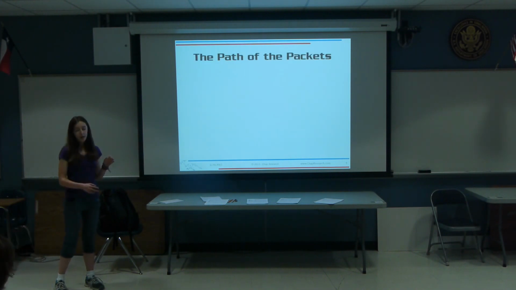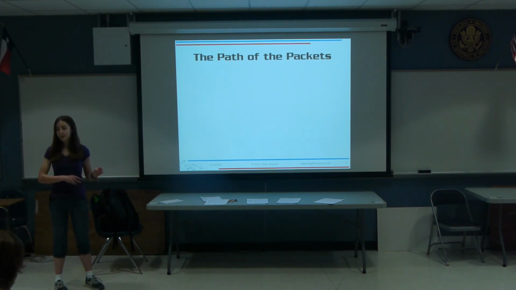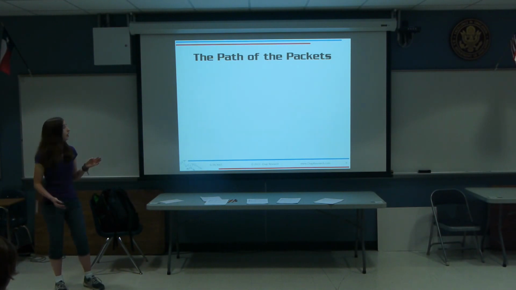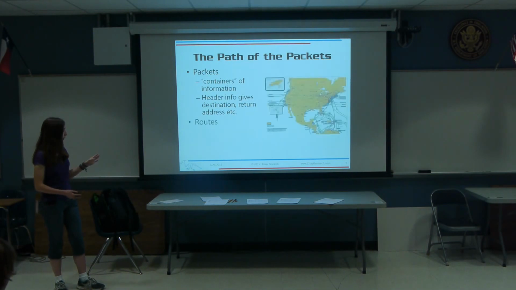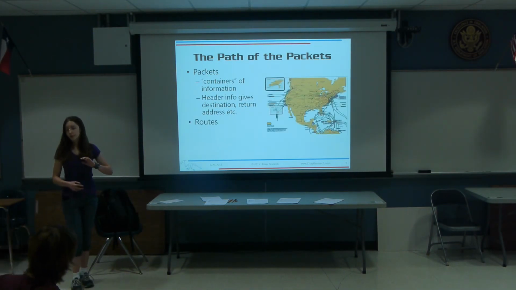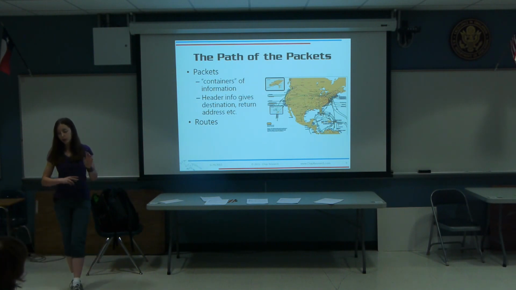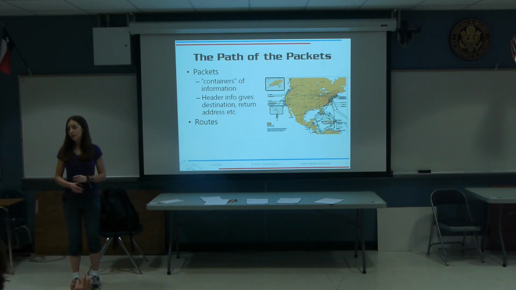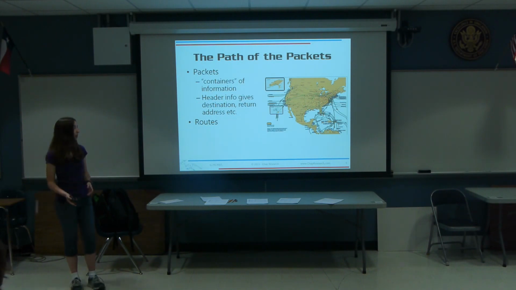Okay. And then that's all really important because the packets go all over the place. So again, they're containers of information. But this is a picture from Sprint, I believe. And so the internet is actually, like we were talking about, a whole connection of random servers that are actually just commercial companies. It's not one person that owns the internet, and that's kind of the beauty of it.